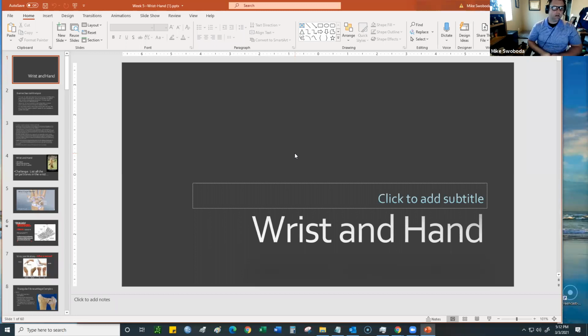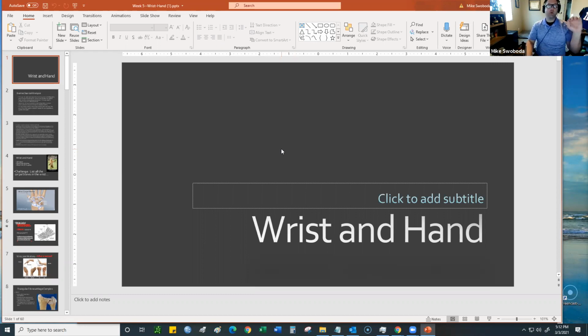All right, and then let's see here. What type of joint is that? So it's not a hinge.